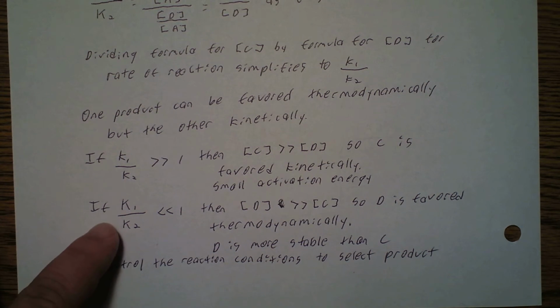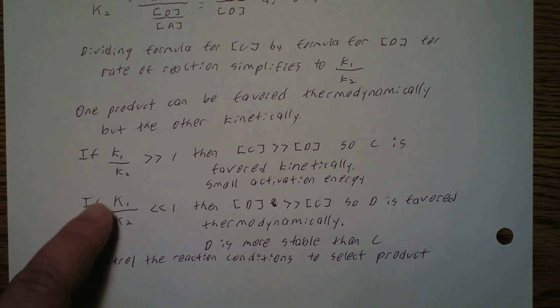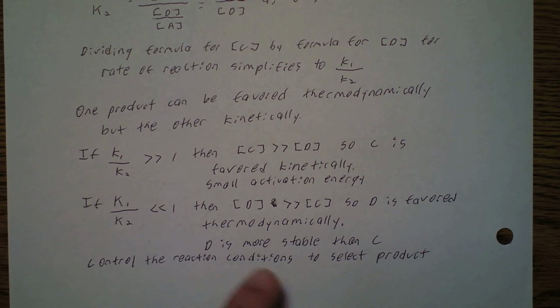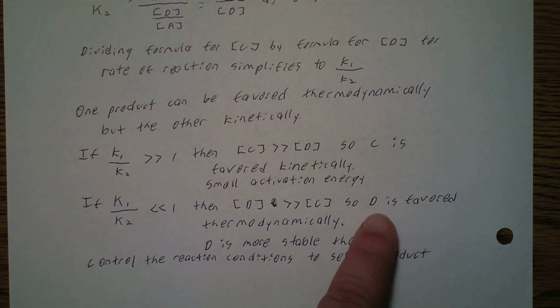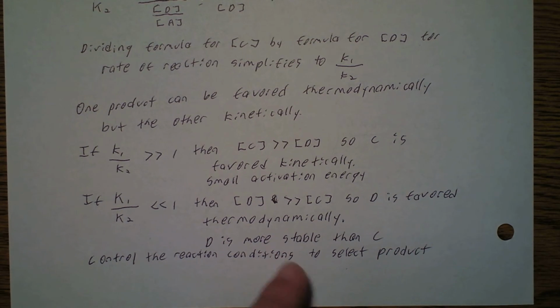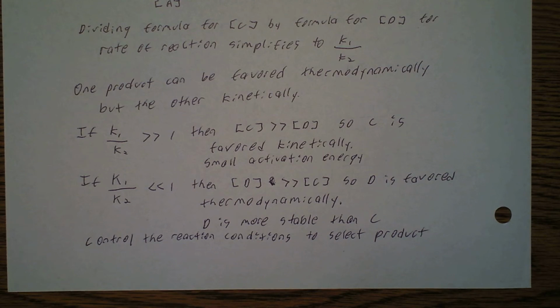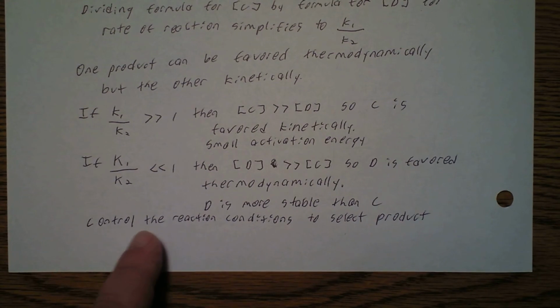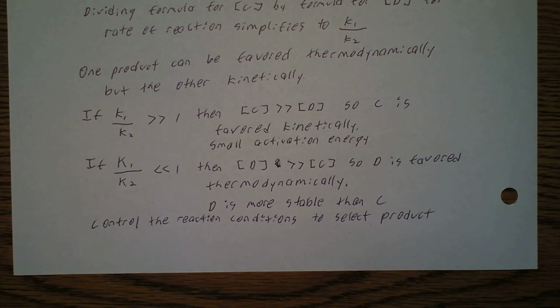Now, if the equilibrium constants, if K1 over K2 is much less than 1, concentration of D is much greater than concentration of C, so D is favored thermodynamically, because D is a more stable product than C. So we'll learn later on exactly how, but you can control the conditions that you do the reaction, and then you can select which product you actually do end up with.